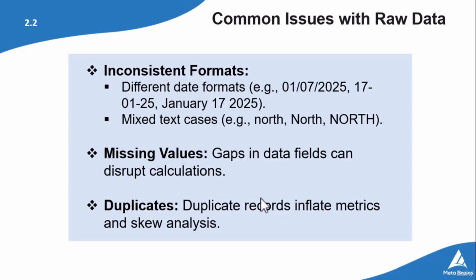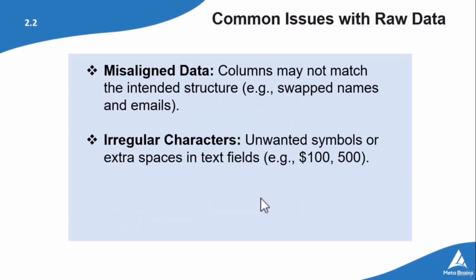Missing values are another concern, as gaps in key fields can disrupt calculations or cause errors in reports. Additionally, misaligned data, where columns don't match their intended structure, can complicate analysis. Irregular characters, such as unwanted symbols, extra spaces, or inconsistent delimiters in numerical or text fields, can lead to incorrect grouping or misinterpretations. To address these challenges, there are specific methods and tools you can use.